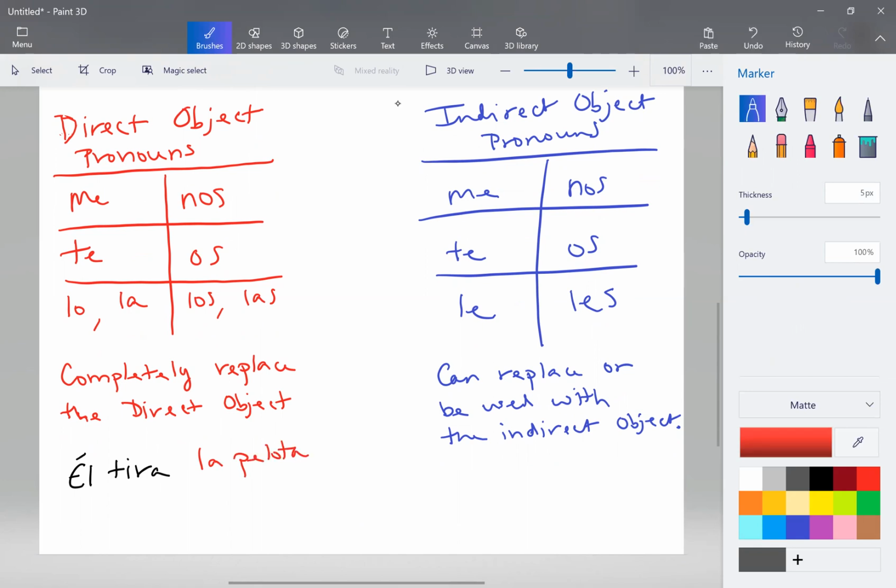And if we're going to replace this direct object with a pronoun, we would say él tira. What would go in that blank? La. Perfect, because we're replacing a singular feminine object. And we move it to before the verb.